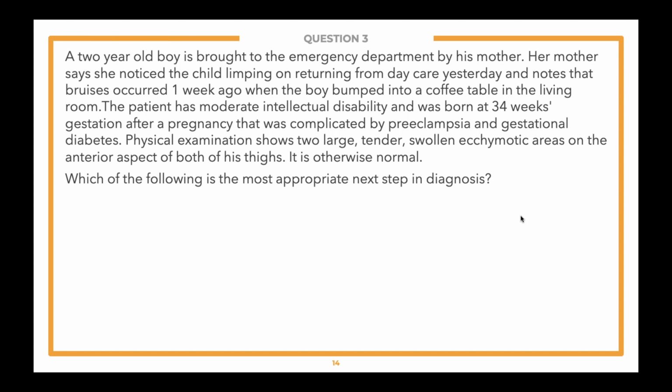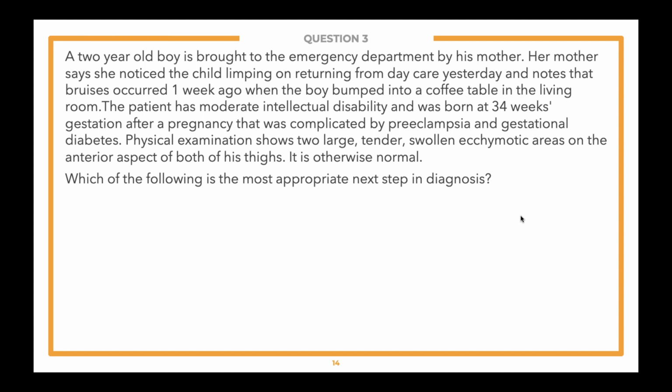All right, I see some responses coming in, so let's go ahead and take a look at that vignette. A 2-year-old boy is brought to the emergency department by his mother. Her mother says she noticed the child limping on returning from daycare yesterday and notes that bruises occurred 1 week ago when the boy bumped into a coffee table in the living room.